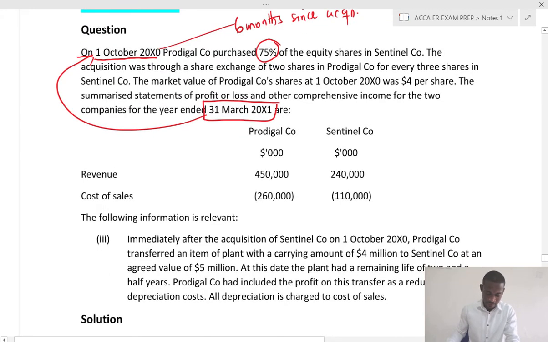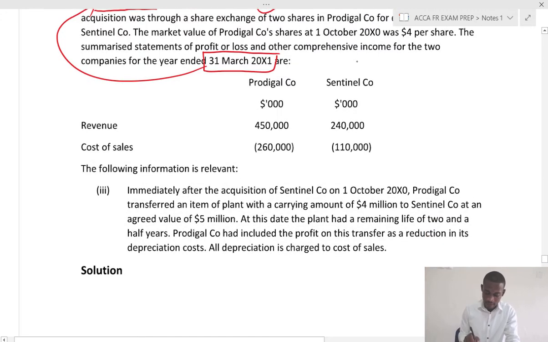Now we have revenue, we have cost of sales. Our main adjustment would be around cost of sales. The additional information which is relevant is that immediately after the acquisition of Sentinel on 1st October 20X0, Prodigal, remember Prodigal is the parent, transferred an item of plant with a carrying amount of 4 million to Sentinel at an agreed value of 5 million.